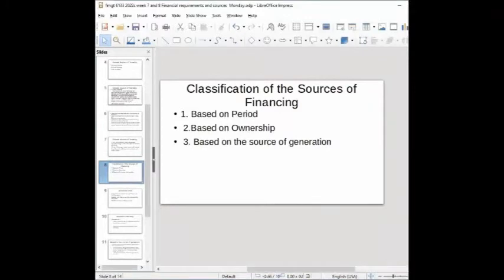The sources of financing that I have just mentioned can be classified further into these classifications. One is based on period, another is based on ownership, and the last is based on the source of generation.